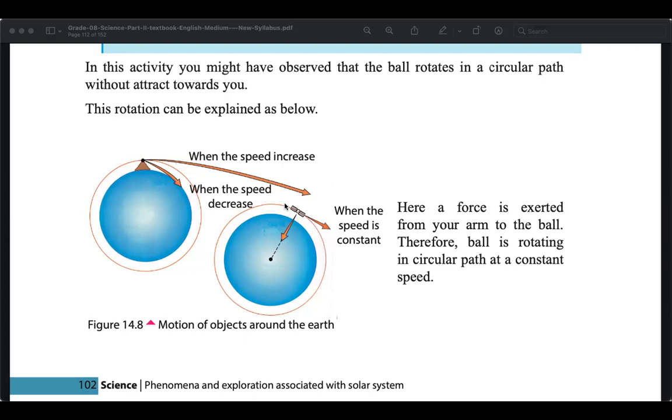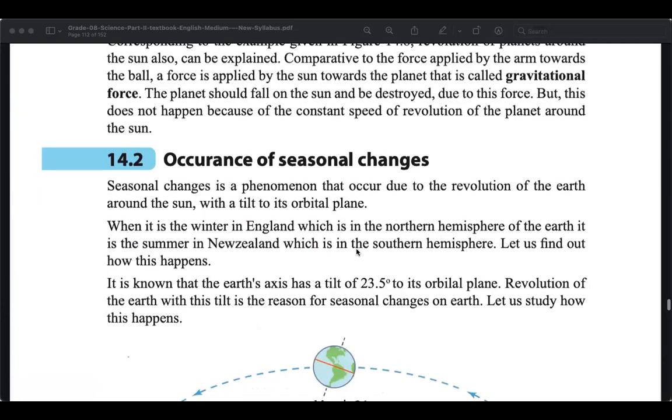Right, that is it. Now you understand the logic, how this system is stable and how it is moving without falling down. Now you know this with this practical. This is the force.